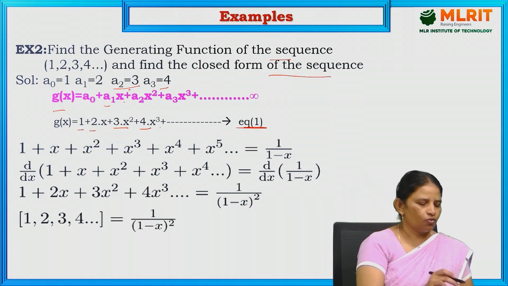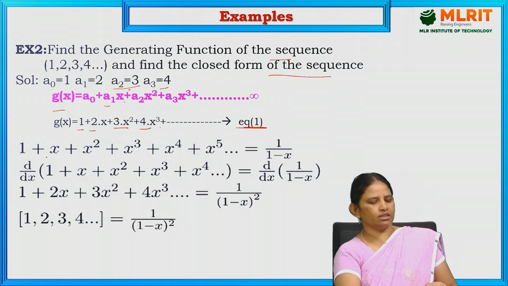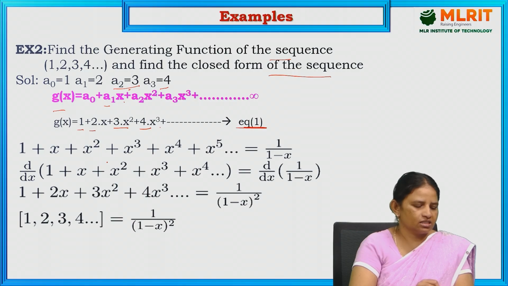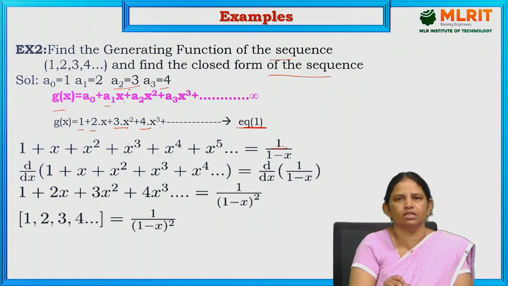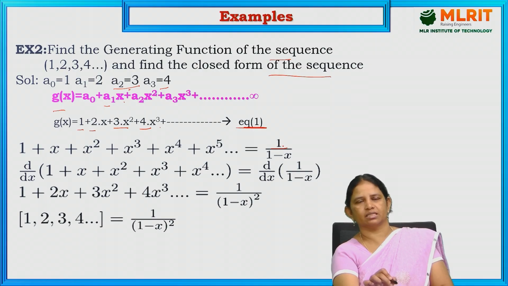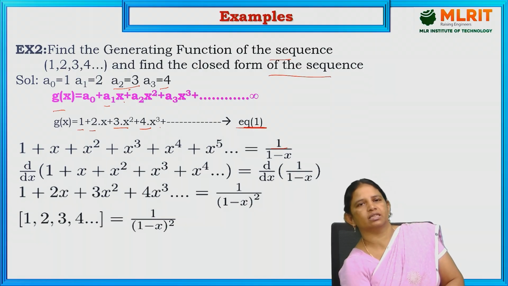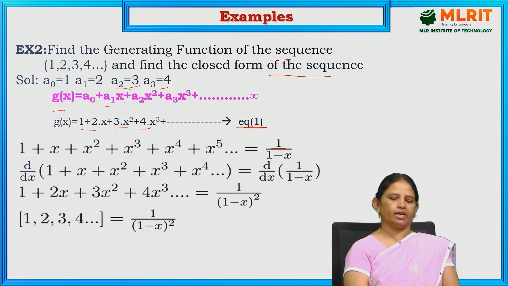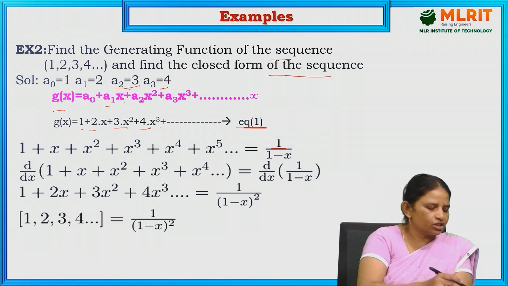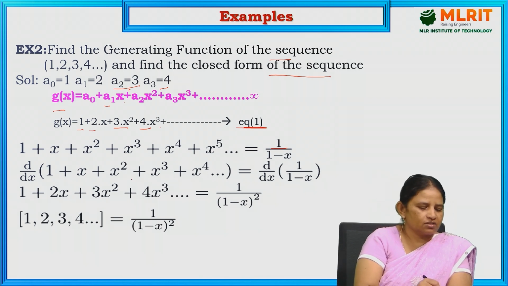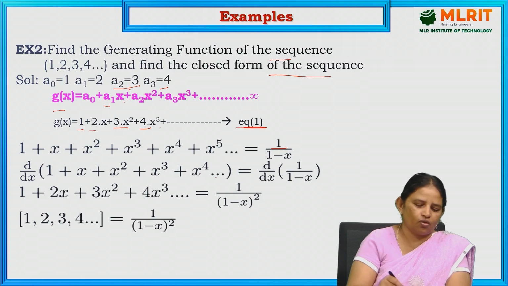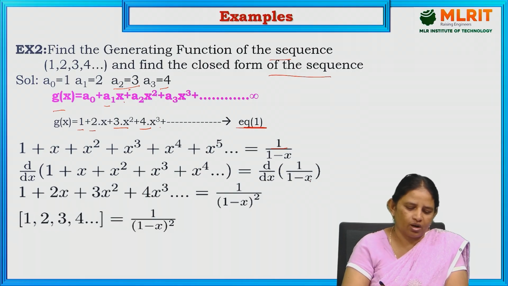Next, from this we know that 1 plus x plus x square plus x cube and so on has the generating function closed form 1 by 1 minus x. Then we need to take the derivative on both sides. We get d by dx of (1 plus x plus x square plus x cube plus x to the power of 4 and so on) equals d by dx of 1 by 1 minus x.